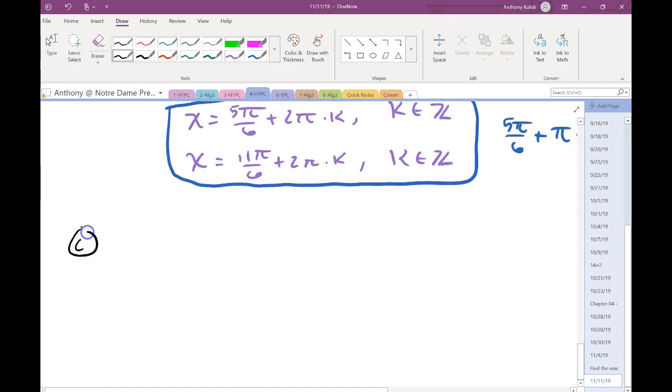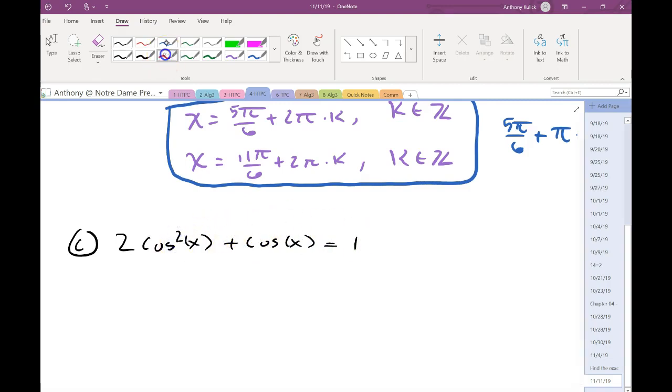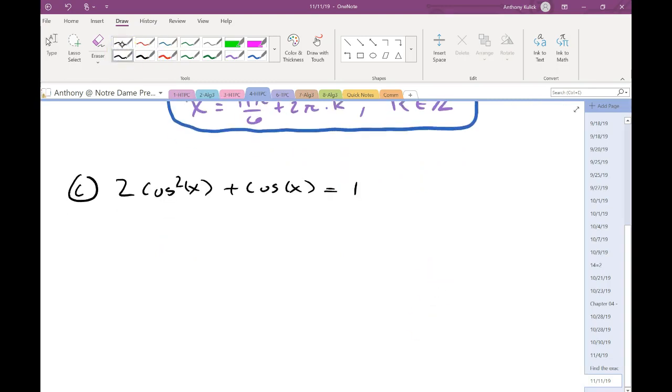Let's do one more solving problem. So let's say we want to solve 2 cosine squared x plus cosine x is equal to 1. What's the first thing I'd want to do to solve this?